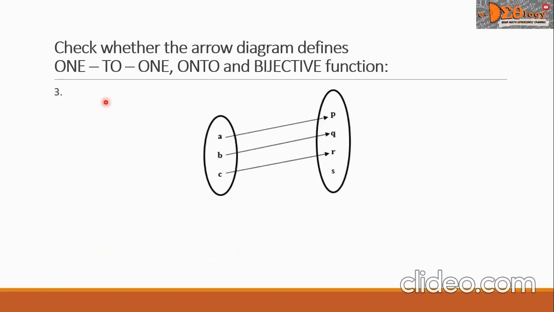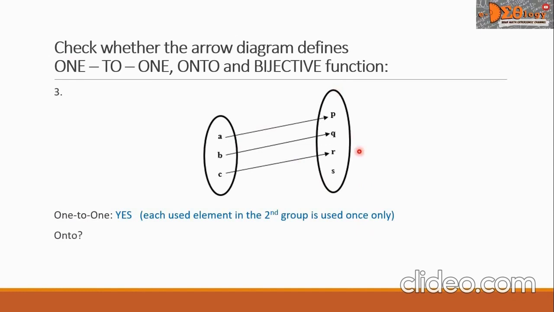Let's have example 3. Look at this figure. The first question: is the function one-to-one? The answer is yes, because each used element in group B, in the second group, is used once only. Next question, is the function onto?